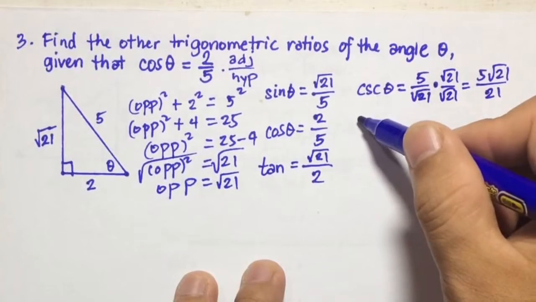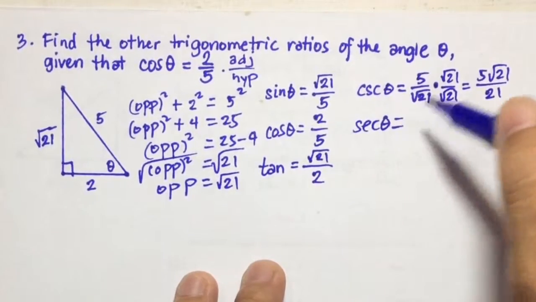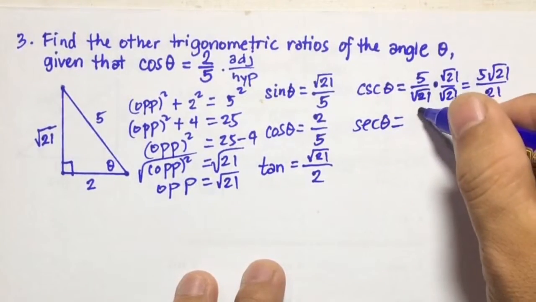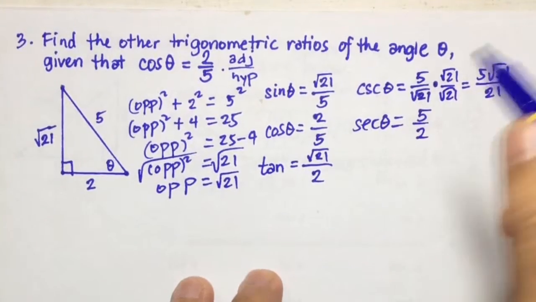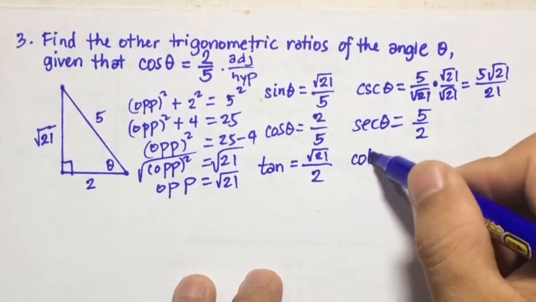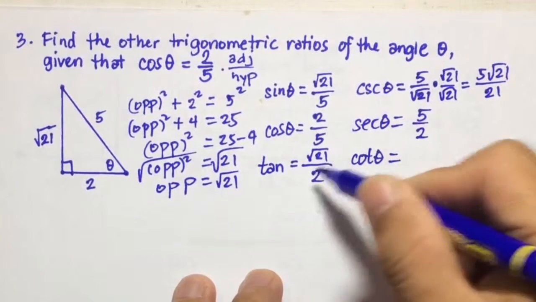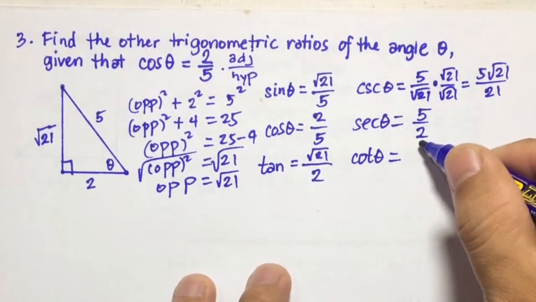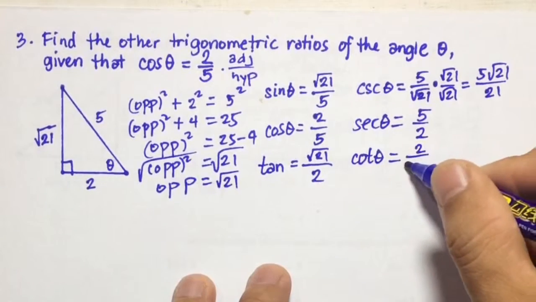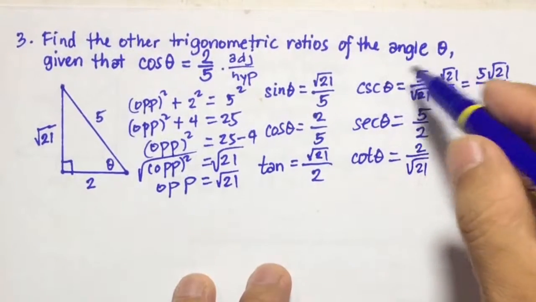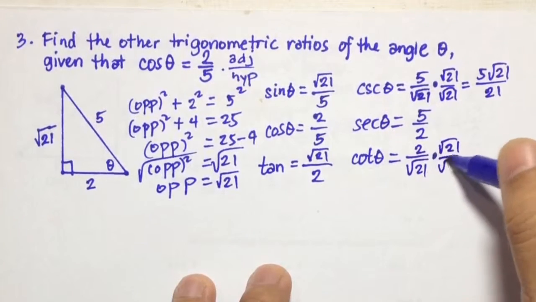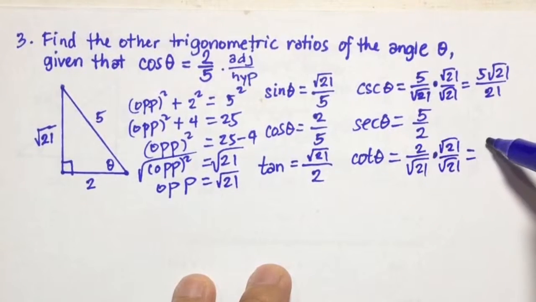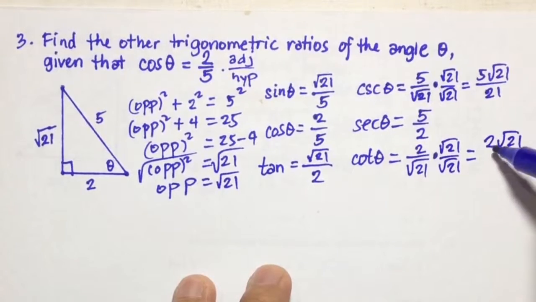Then secant of theta will be equal to, reciprocal of this one, 5 over 2. Then lastly, cotangent of theta will be the reciprocal of tangent. It will be 2 over square root of 21. Then the same with cosecant, we're going to multiply this one with square root of 21. The answer here will be 2 times square root of 21 over 21.